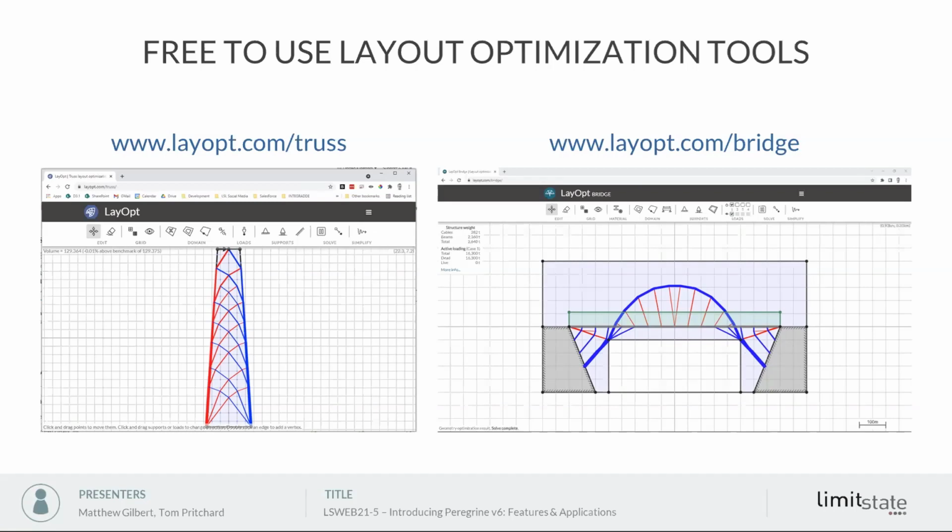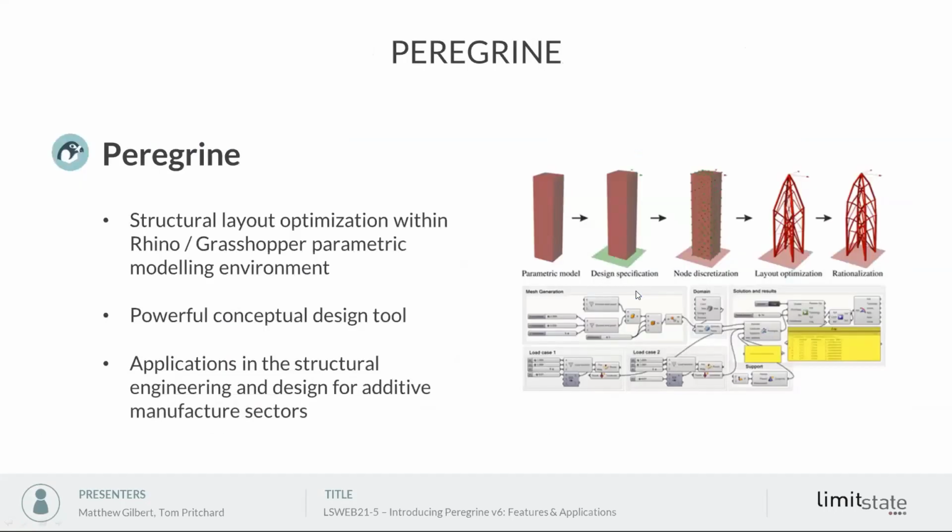If you're unfamiliar with layout optimization, this is a really good way of getting started, having a play around on your PC or on a tablet or on your smartphone, and seeing what the influence of loads and supports are on the optimal form.